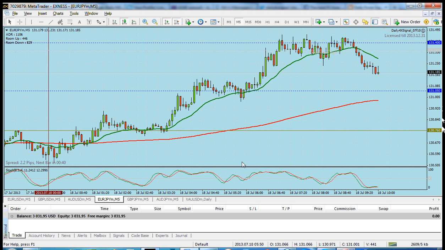So let's look at this chart today and see if we got any opportunity for trading since the start of the day. The start of the day is depicted by this vertical line, which of course can be set using the parameters in the EA.